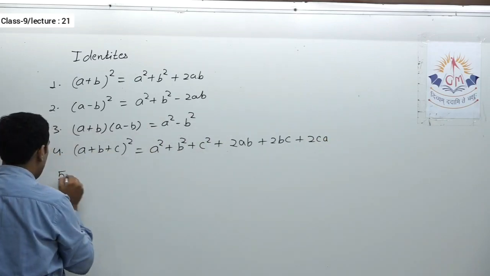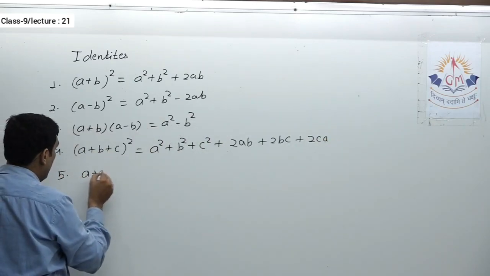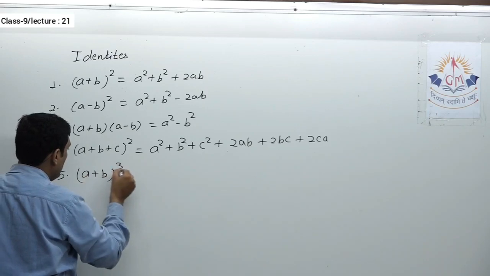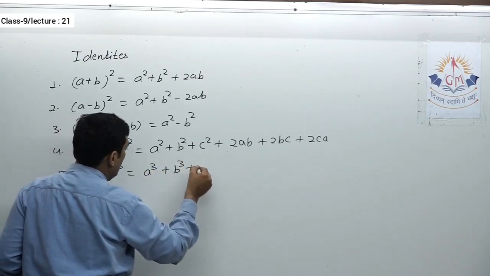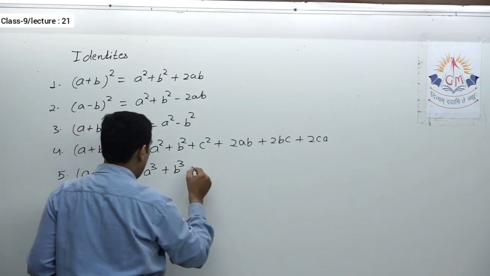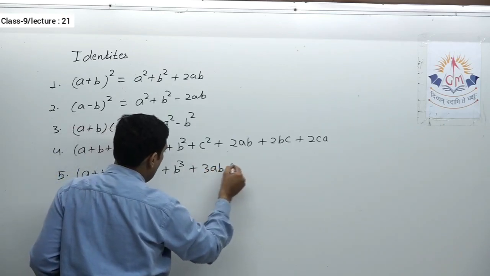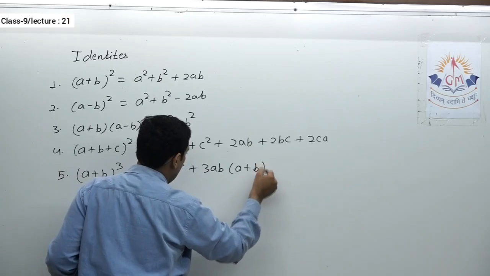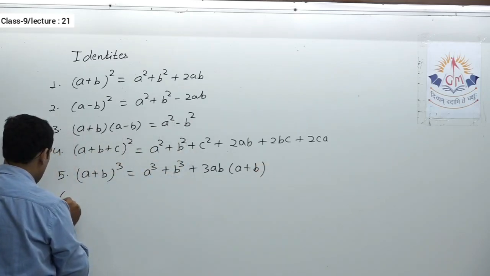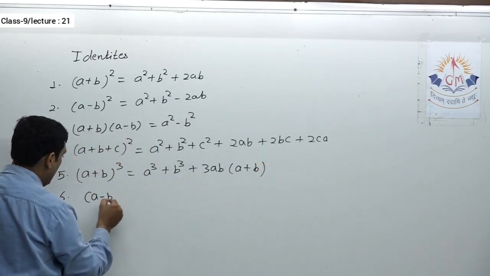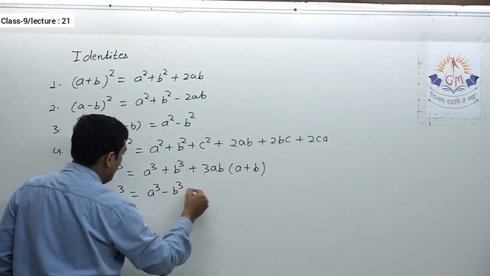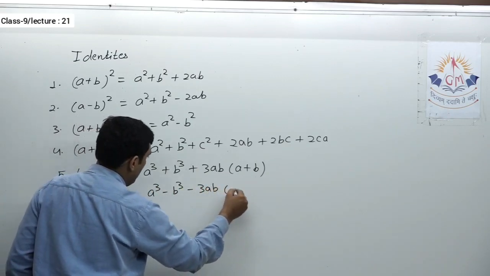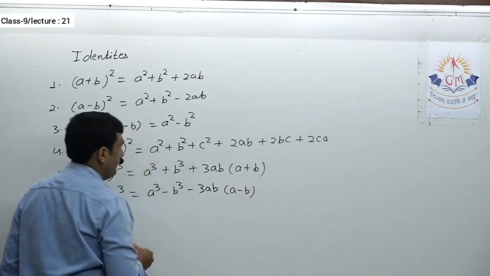Then the fifth one was a plus b whole cube, that is a cube plus b cube plus 3ab into a plus b. Then the sixth one was a minus b whole cube, that is a cube minus b cube minus 3ab into a minus b.